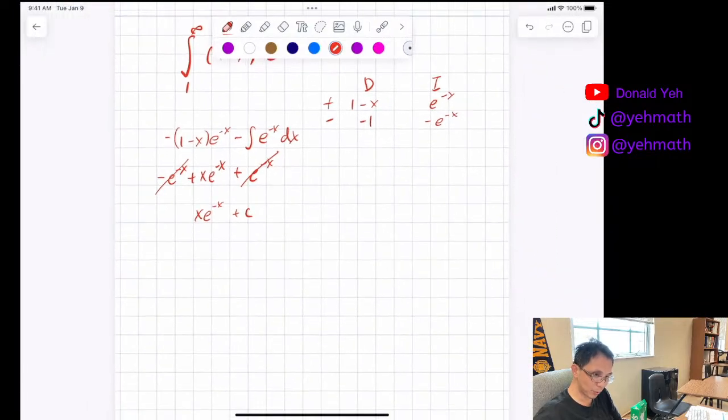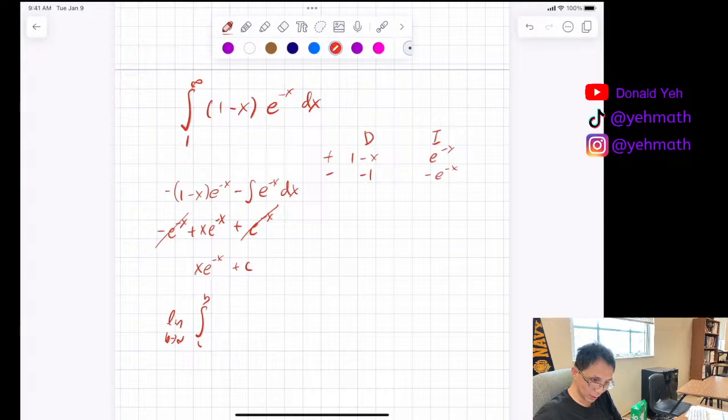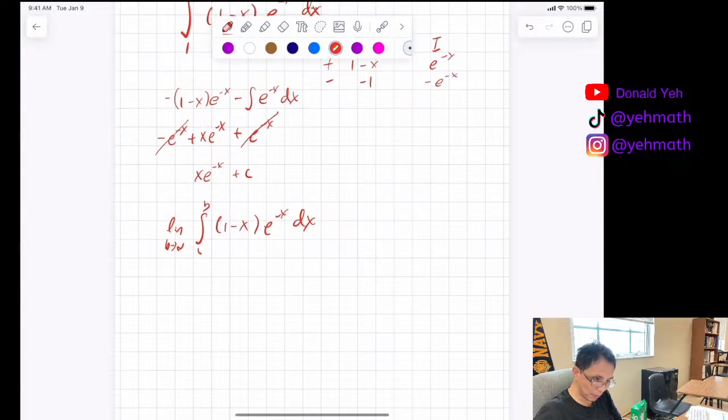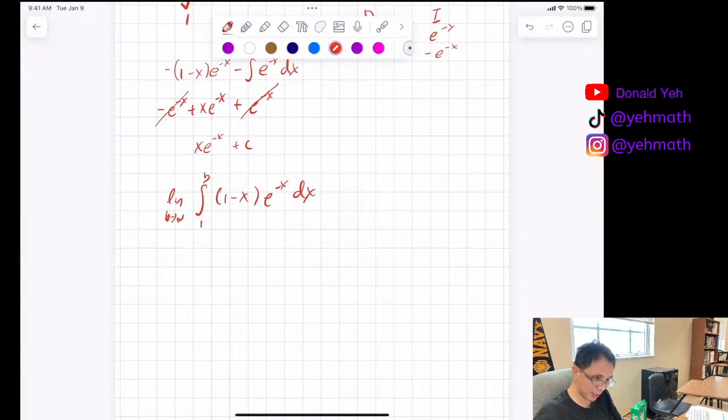Now, since we're doing the definite integral from 1 to b, limit as b approaches infinity, of (1 minus x) e to the negative x dx, at the end we just take the integral, but we know the result already: x e to the negative x between b and 1, limit as b approaches infinity.